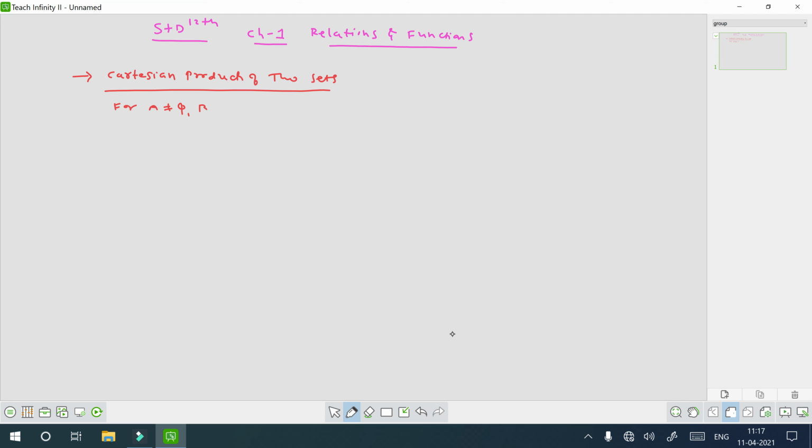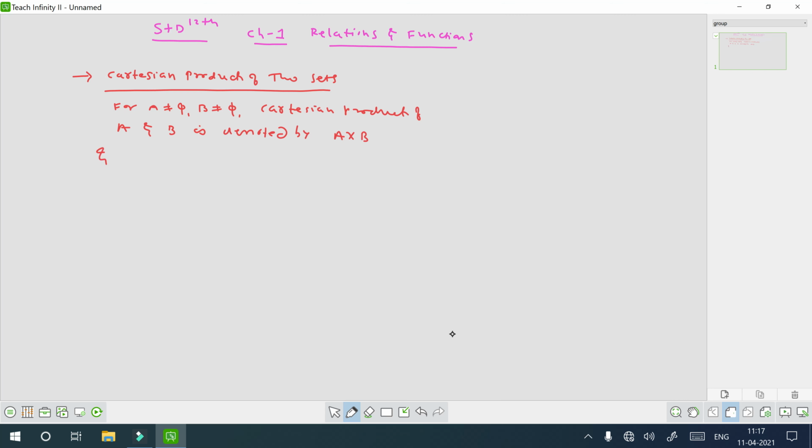For A not equal to phi, B not equal to phi, the Cartesian product of A and B is denoted by A cross B. This is the notation.